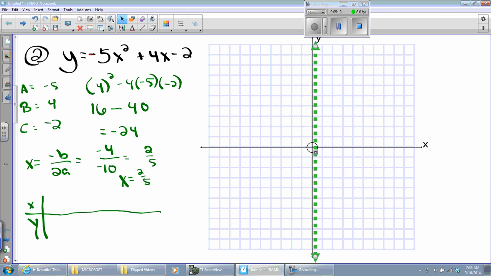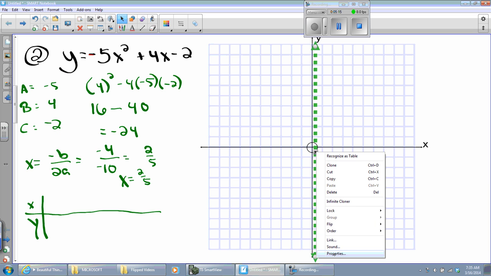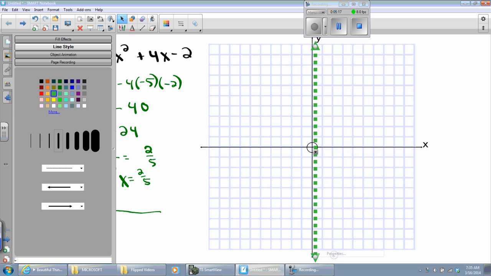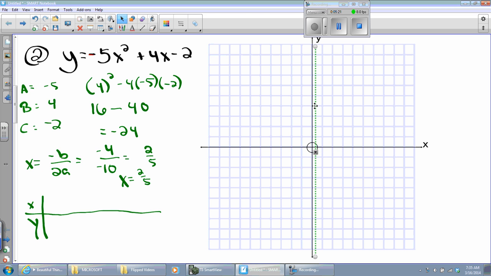It's hard to determine the accuracy of it. Okay, so let's get back to the input-output table. And I'm going to put 2/5 in, or 0.4 or 4/10.